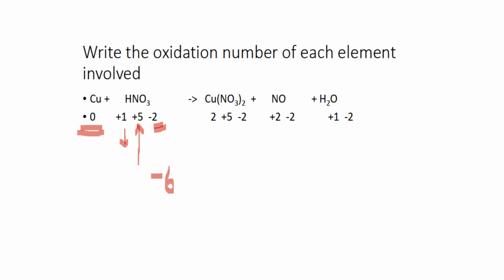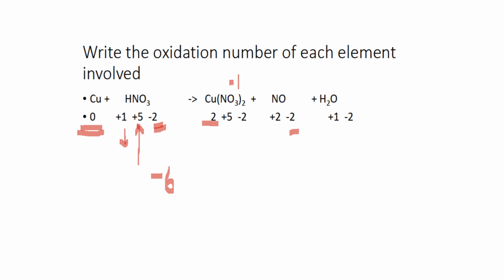We go to this compound copper nitrate, where again nitrogen is in +5, oxygen is -2. There are two nitrate ions, so each nitrate ion is having a charge of -1. -1 into 2 is -2. Therefore, copper here is in the +2 oxidation state. Nitric oxide, oxygen -2, nitrogen +2.